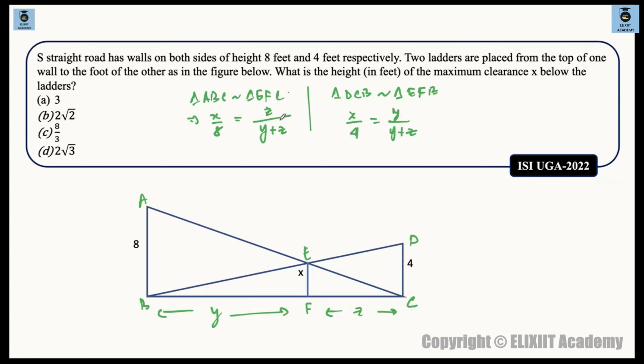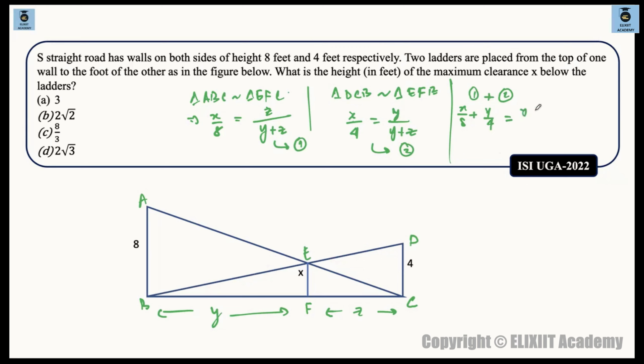The best thing we can do is add both the ratios. Suppose this is 1 and this is 2. If you add both the ratios, the left hand side becomes x/8 plus x/4 (this is not y/4, this is x/4), and the right hand side we have z plus y divided by y plus z, which is 1.